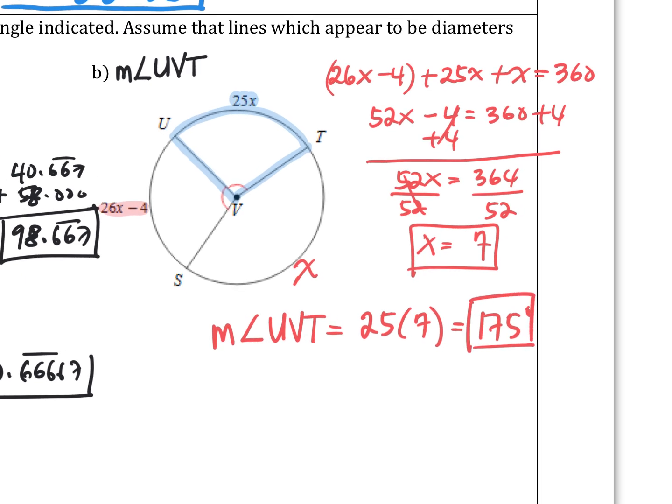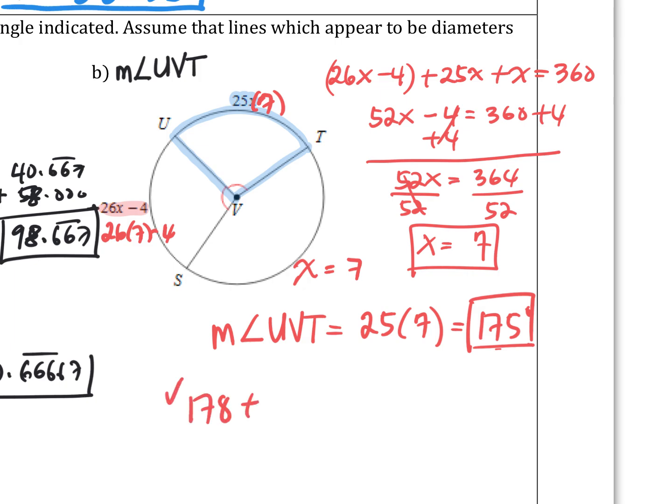Now let's recheck if our answer is correct. So here we're going to say 26 times 7 minus 4. This is going to be 25 times 7, which we already have there, and this is equal to 7. So 26 times 7 minus 4 is going to give you 178.